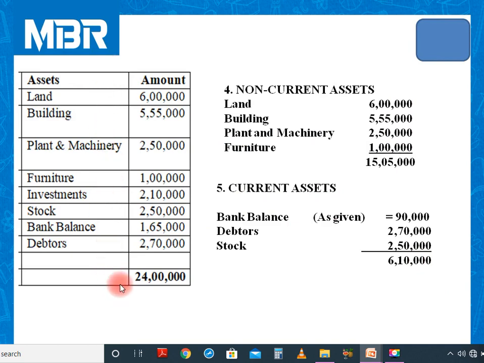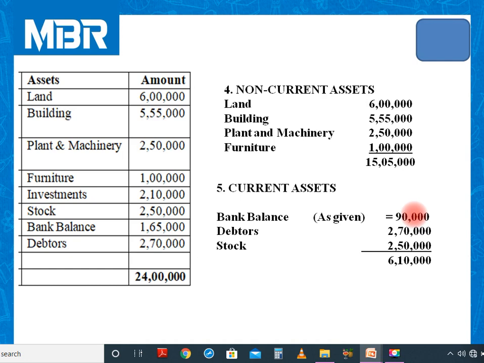Using this balance sheet, we need to prepare calculation regarding current assets. Bank balance 90,000 rupees. We need not calculate bank balance again because we need to maintain 90,000 rupees as a closing bank balance. It is clearly mentioned in the question. So directly pick up 90,000 from there.